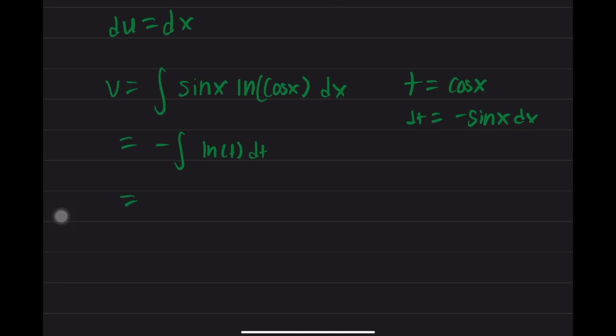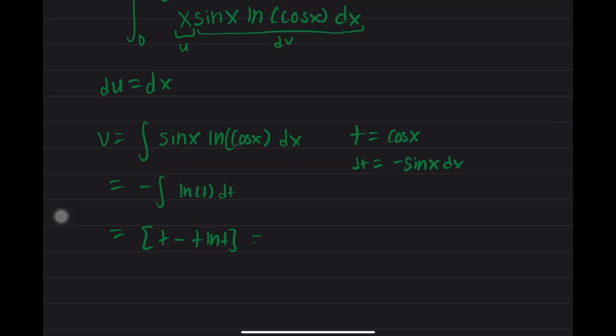You can check this out for yourself. However, this integral will evaluate to t minus t ln of t. So this gives us cosine of x minus cosine of x ln cosine of x. So we now have v is equal to cosine x minus cosine of x ln cosine of x.